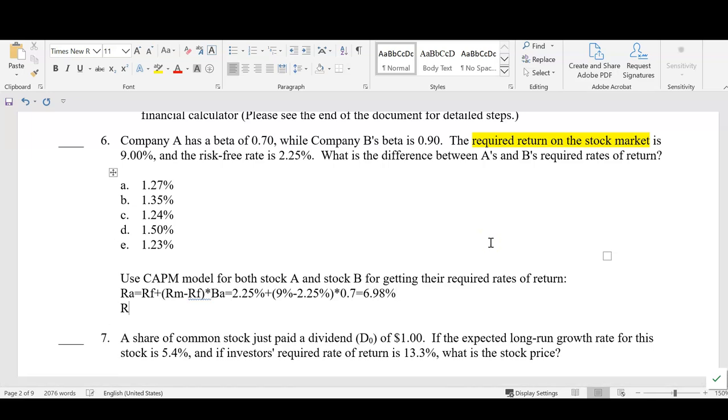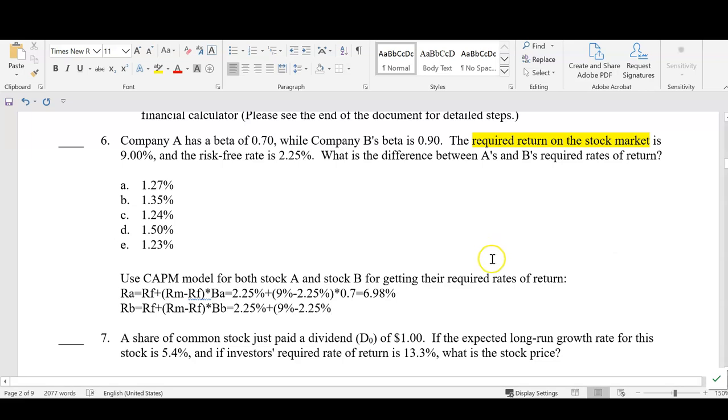For stock B, RB equals RF plus RM minus RF multiplied by beta of B, equals 2.25% plus 9% minus 2.25% multiplied by beta of stock B, 0.9. This should give us 8.33%.